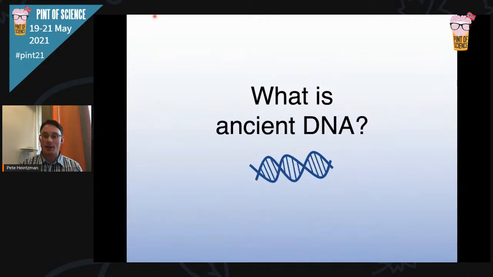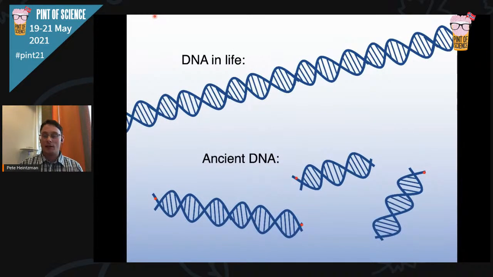What is ancient DNA? As you all know, DNA is found in basically all living cells, and it's really, really long. The longest DNA in your cells is around 1 million times longer than the cartoon that I'm showing on the slide here. But rapidly after death, the DNA fragments.